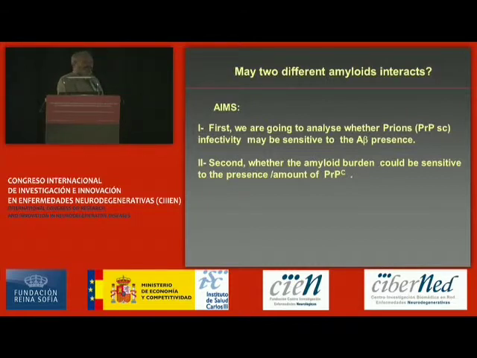If we consider that amyloids have similarity in a polymerization process, the question is whether the presence of prion, or the infection of prions, can be modified by different levels of amyloid deposits in the brain of a mouse. And the second question was the opposite one: may the amyloid accumulation be modified or be sensitive to the presence of PrPC in the neuronal brain?